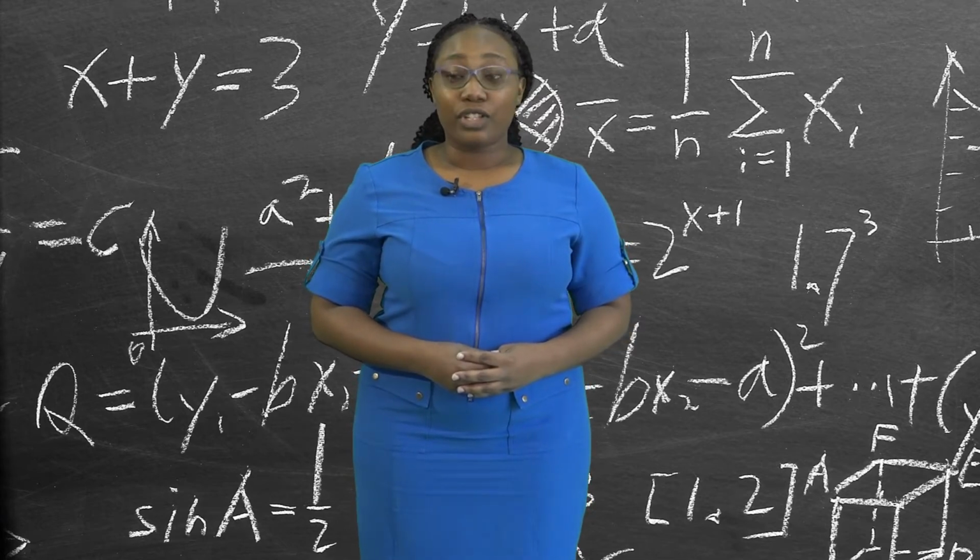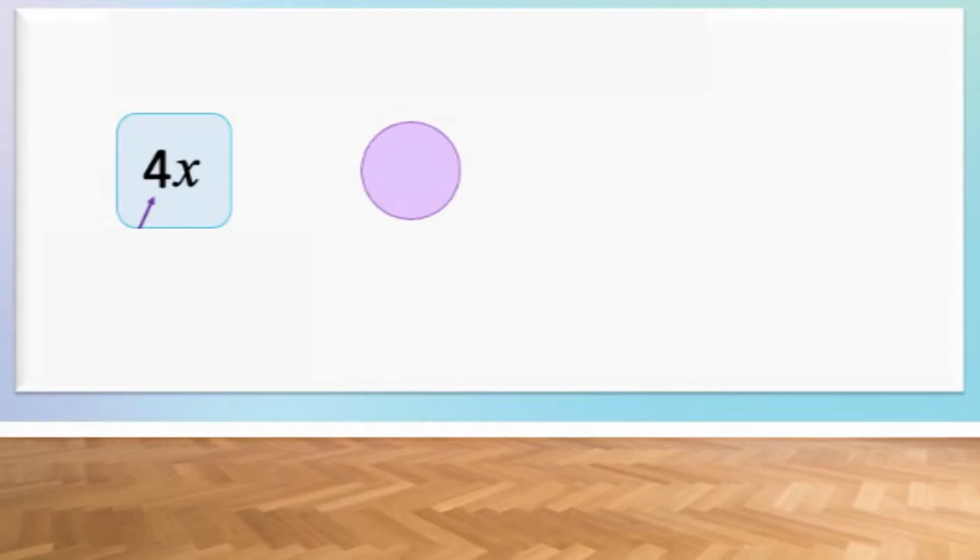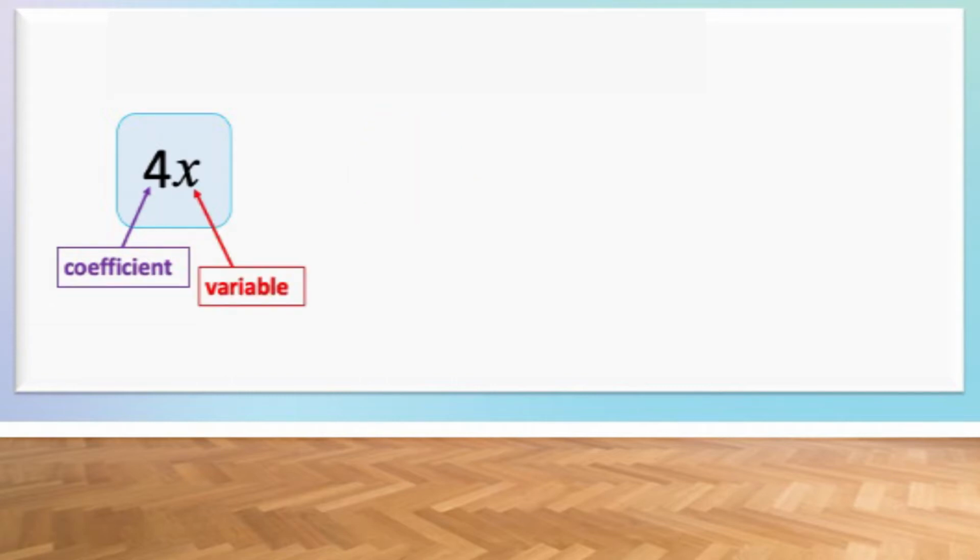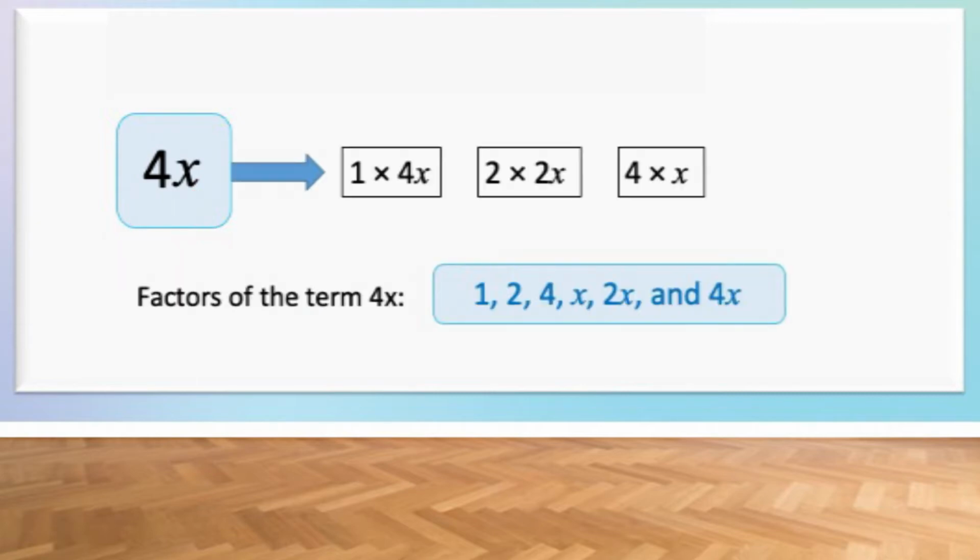Take a look at the term 4x. What do you observe about this term? That's right. The coefficient is 4 and the variable is x. Can you tell what two terms we could multiply to give us a product of 4x? 1 times 4x, 2 times 2x, and 4 times x.